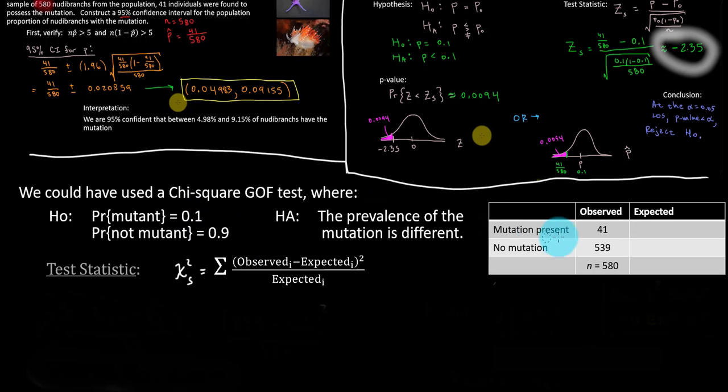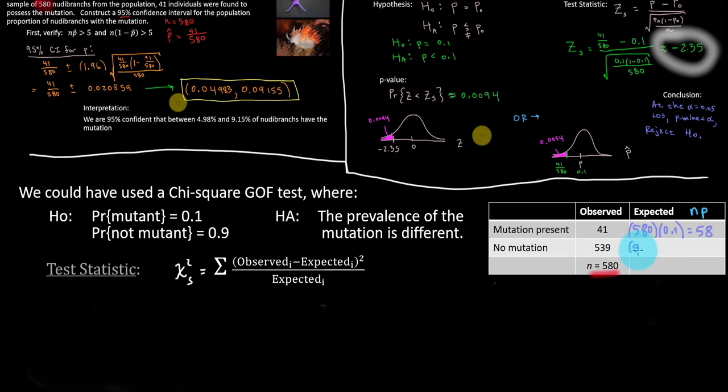Recall these expected values are just n times p. The probabilities are stated here, the sample size is 580, and 41 were observed to have the mutation. So the expected number of nudibranchs with the mutation in our sample of 580, if the null hypothesis was true, would be only 10% of them, which is 58.